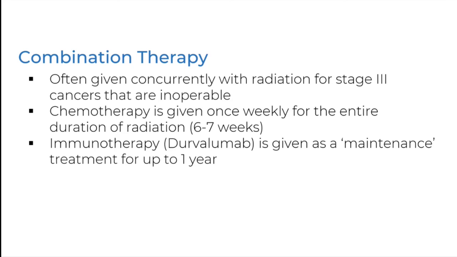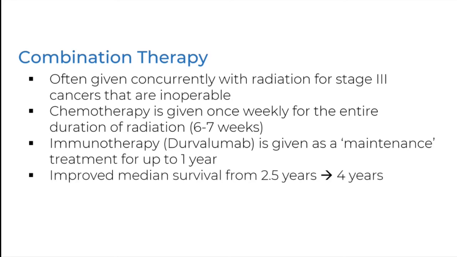Historically, patients with stage 3 disease were treated with just chemotherapy and radiation, and that's it. With the recent development of the immunotherapy drugs, this has been incorporated into standard practice for about 3-4 years now. And that has really translated into an improvement in survival from about 2.5 years to in excess of about 4 years now for patients with stage 3 disease. So that's quite a substantial improvement.